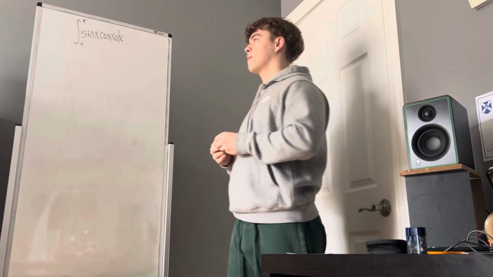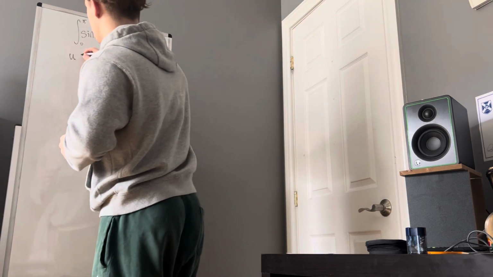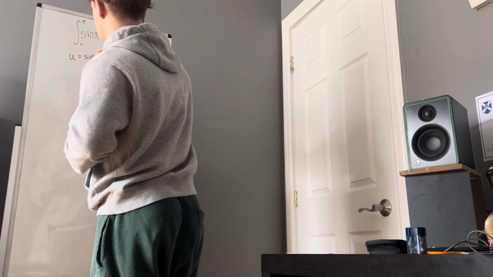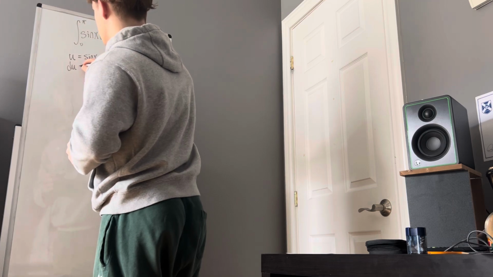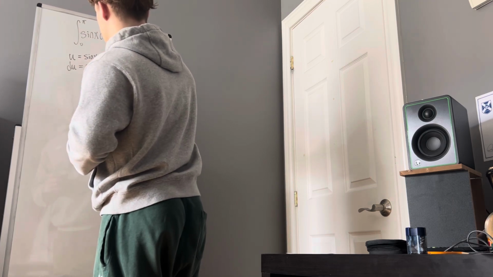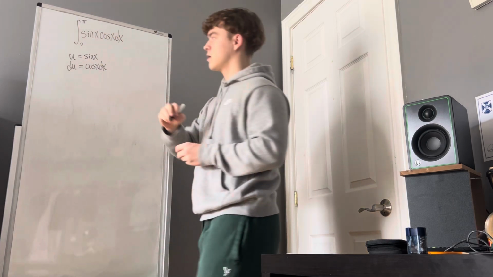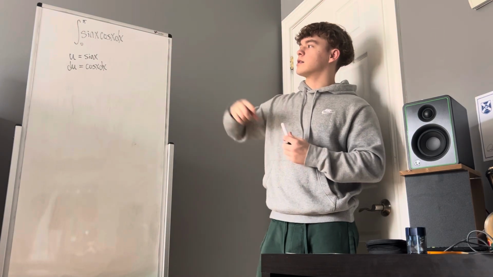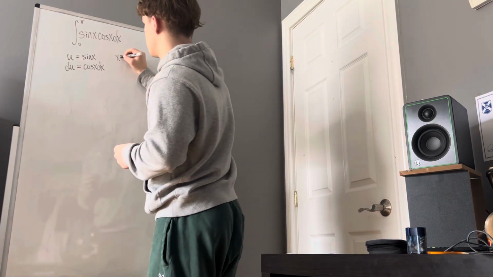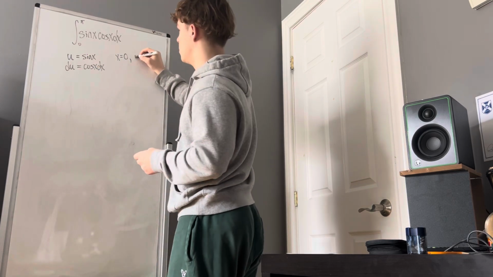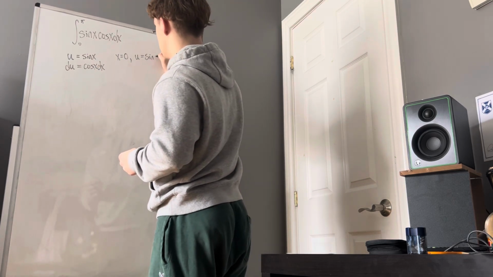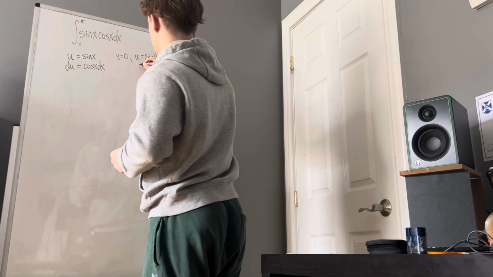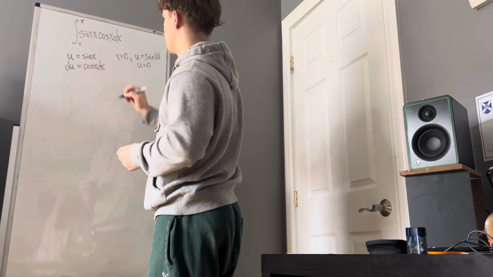Let's find it. So we'll let u equal sine x. Du, of course, equals cos x dx. But when x equals 0, then u equals sine of 0, which means u equals 0 down here.